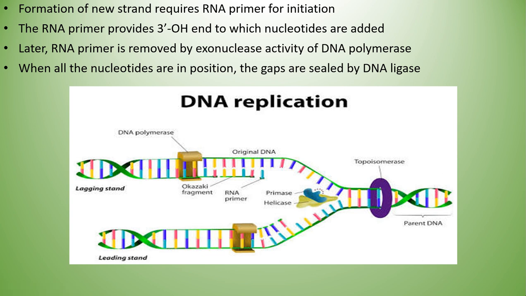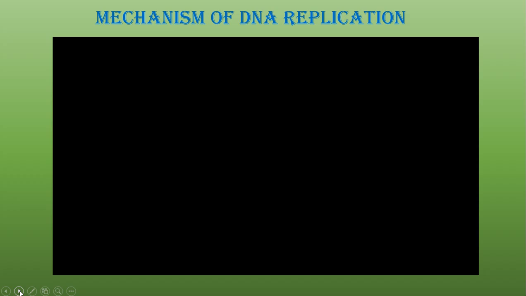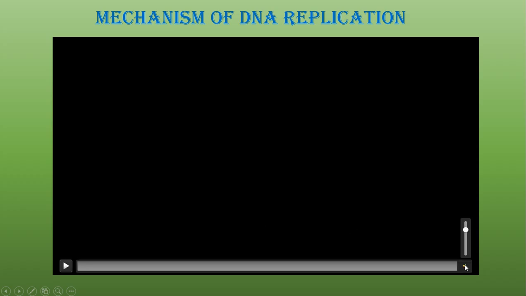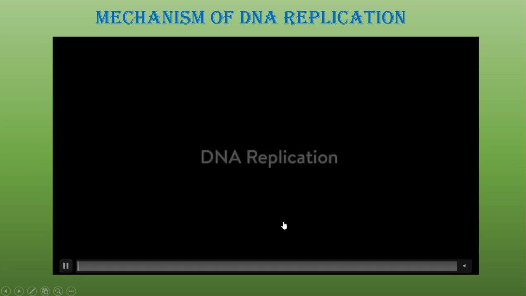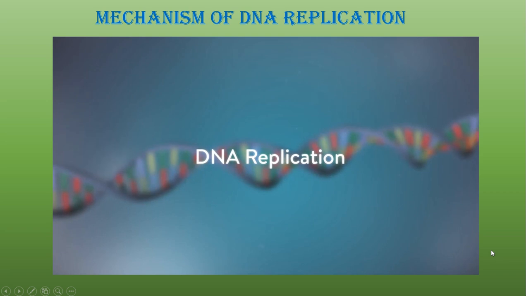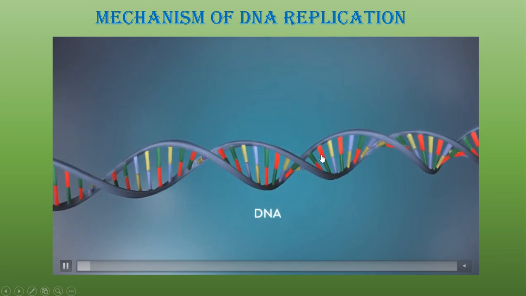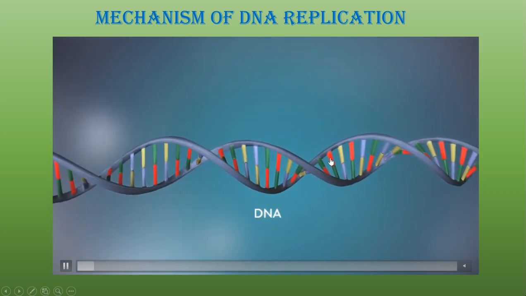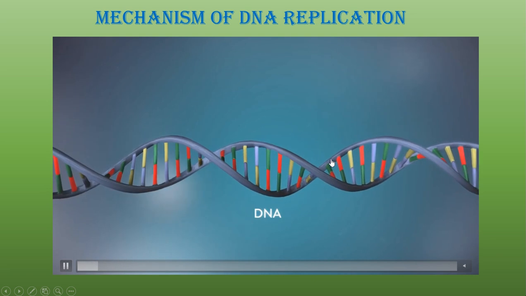Let us see one animation video for the DNA replication process. So DNA replication is a semi-conservative mechanism. Here we will see about DNA replication. DNA is a molecule made up of two strands which are twisted around each other in a double helix shape.